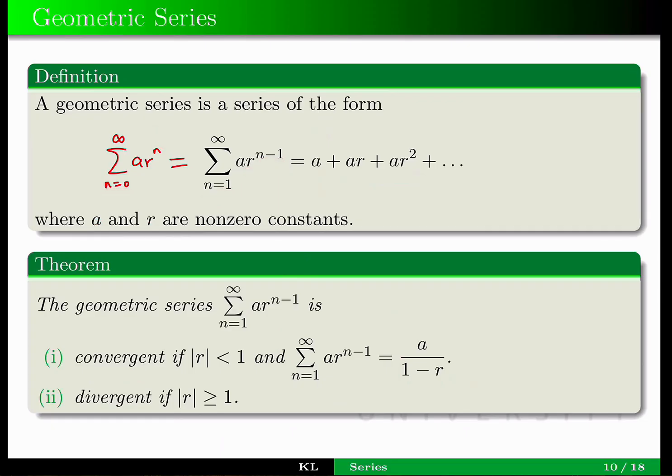In the formula here, our n starts from 1. So if the series does not start from 1, this formula should be adjusted. Okay?